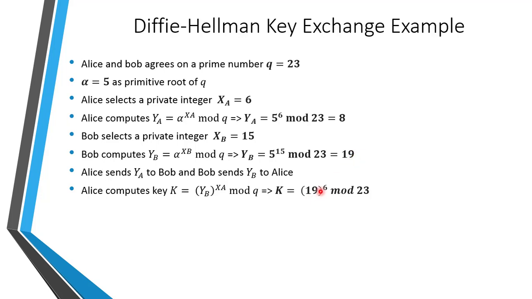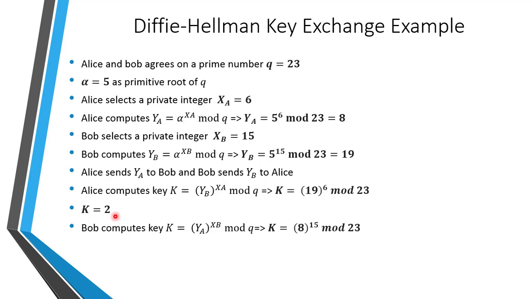So 19 raised to 6, where XA is her private integer. 19 raised to 6 mod 23 gives us a value of 2. In the same way, Bob also calculates the key, that is K equal to YA raised to XB mod Q, that is 8 raised to 15 mod 23, which also gives K equal to 2. So in this way, the secret key is exchanged between Bob and Alice using the Diffie-Hellman key exchange algorithm.